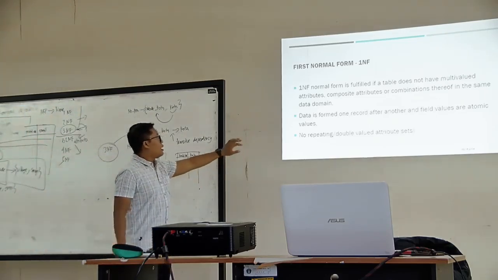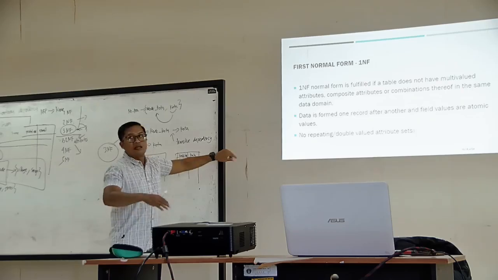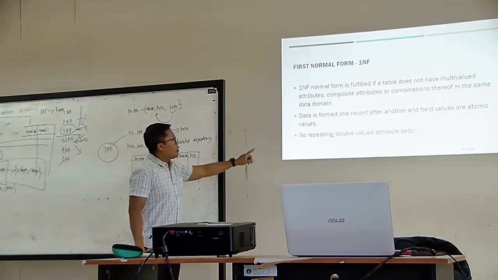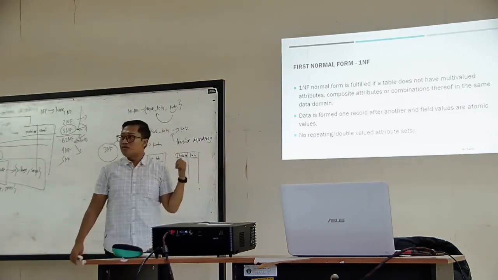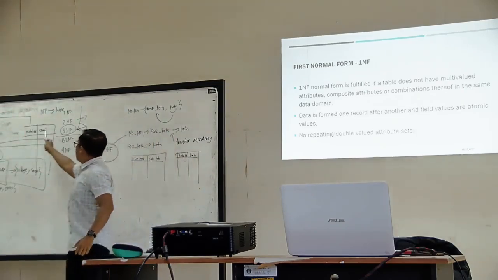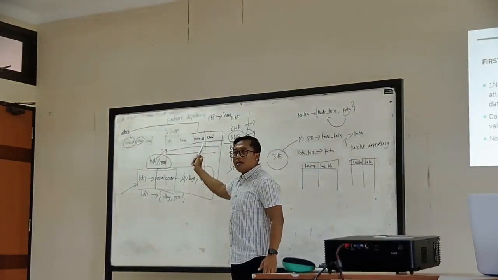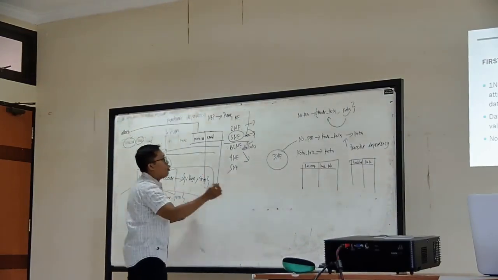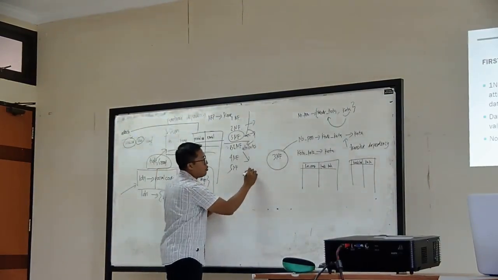Data is taken from one record after another, one record one by one. And unfilled values are atomic values. The values in the field must be atomic. Okay, that cannot be like hobby. Maybe I create hobbies.